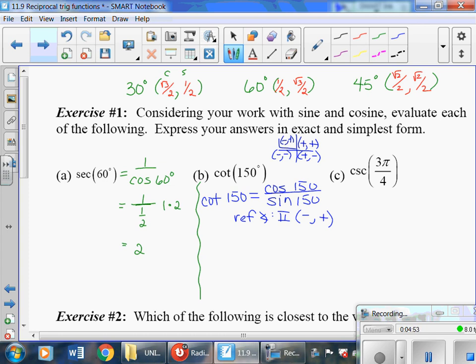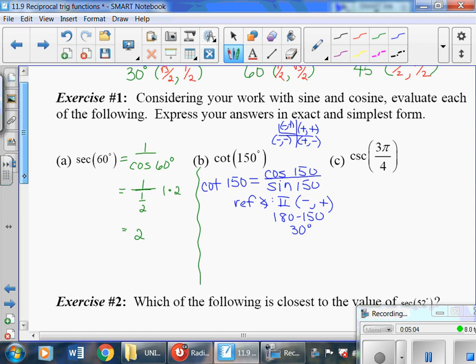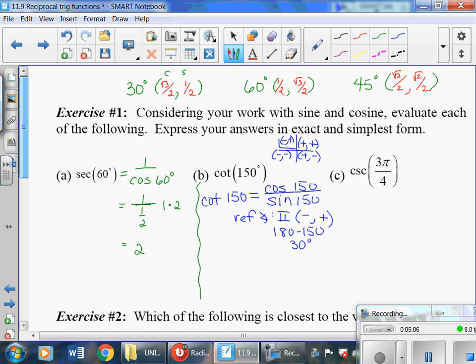And what is the reference angle? Well, the reference angle is going to be 180 minus 150, so my reference angle is 30 degrees. So the cosine of 150 over sine 150 is the same thing as: cosine is negative, the cosine of my reference angle over the sine, because I know sine is positive, of my reference angle.